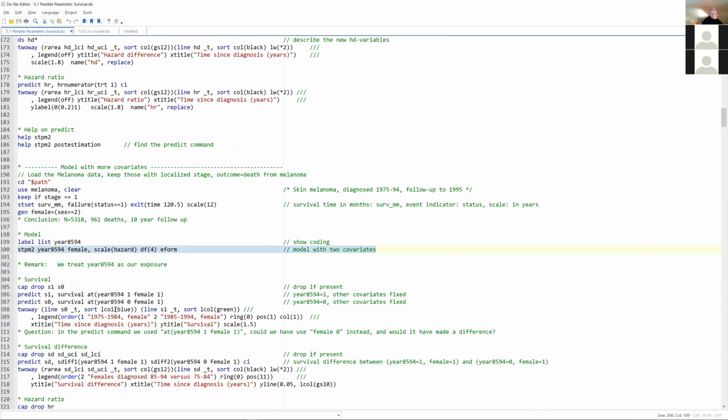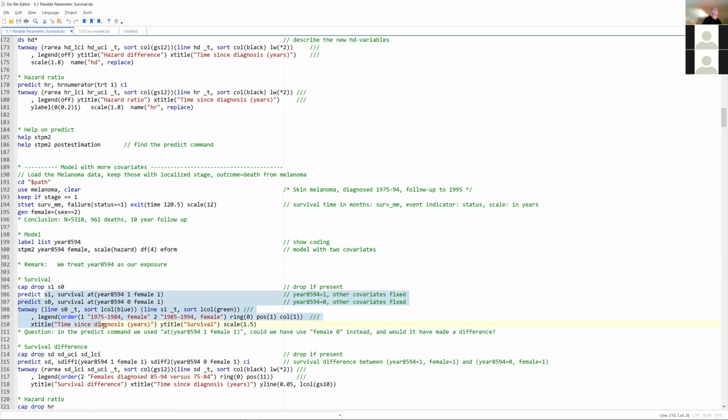I can now predict the survival for those who are exposed by putting in at year equal to 1 and female equal to 1. And I can contrast to those who are unexposed. Now year is set to 0, but female is still kept at 1. So my contrast is between year 1 and year 0, right?